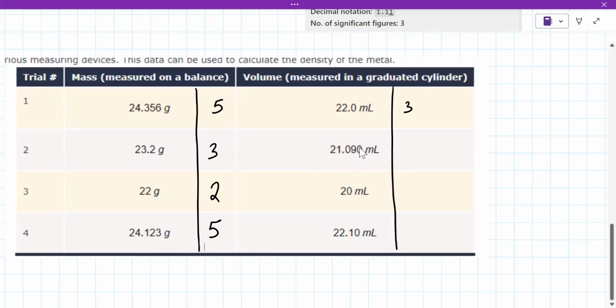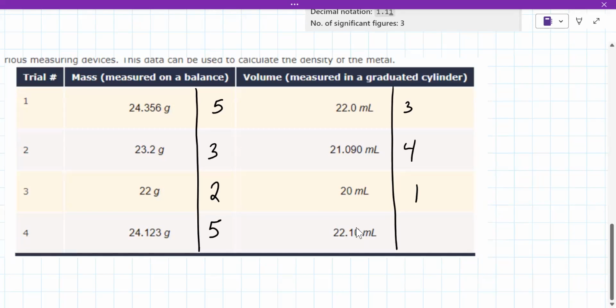So these are trailing zeros. Trailing zeros are not counted. So like 20 has 2 digits, but it only has 1 significant figure. And that's bad relative to the other ones. So the trailing ones do not get counted. So this 21.09 only has 4.